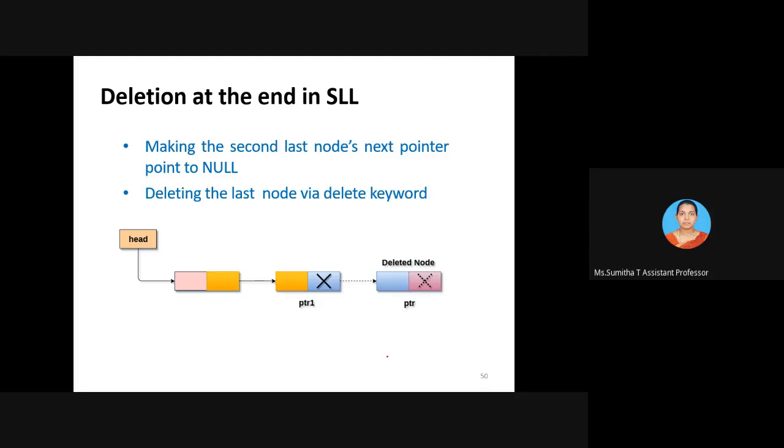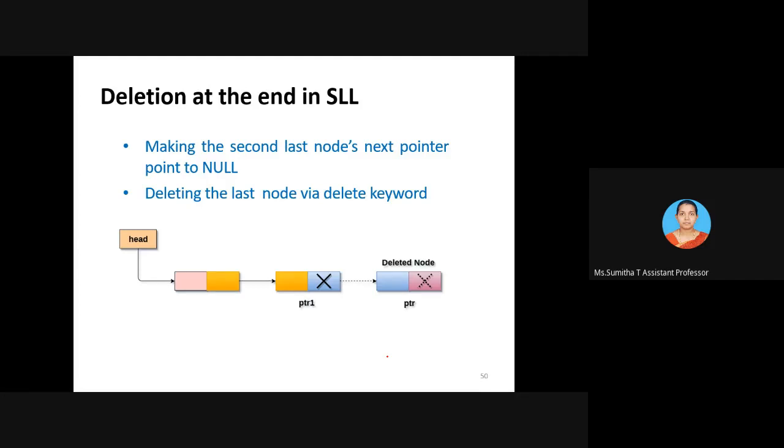The second last one. How to make the second last node's pointer null? Then the last node is automatically removed. Otherwise, we can move the tail node to the previous one, and with the help of the delete keyword, we can remove the tail node. Okay, is it clear?